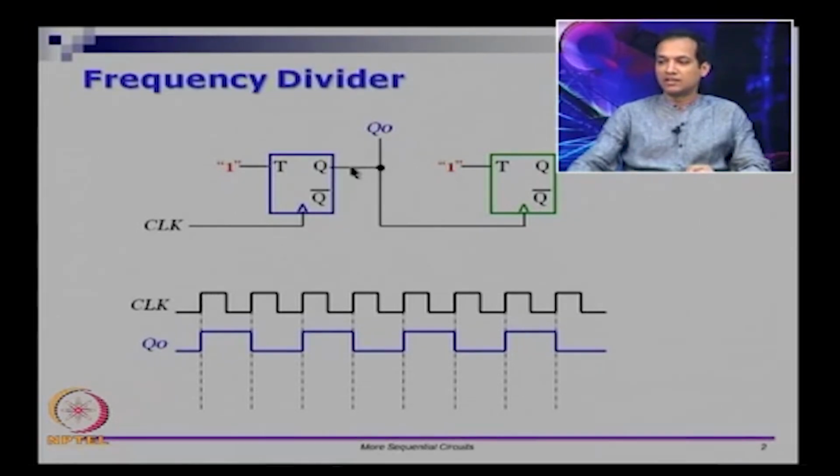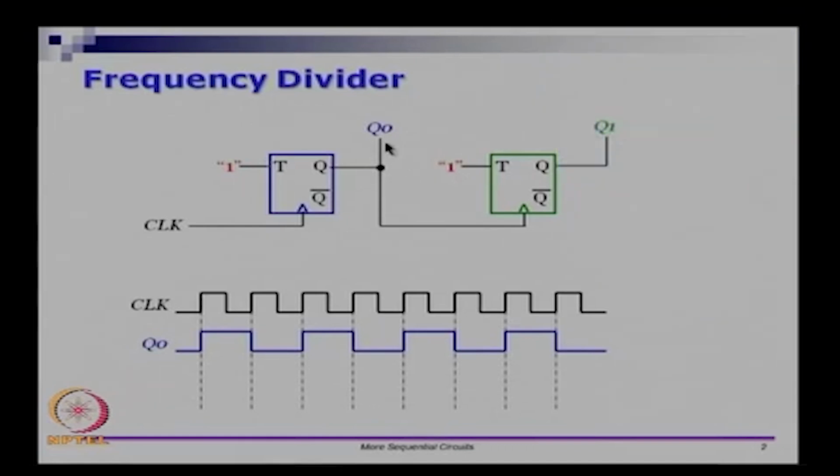You have Q0 which is switching at frequency f by 2, and if you connect it to this one, you can treat Q0 as the clock signal and Q1 as the data signal. In that case, if Q1 was at 1, then when Q0 goes from 0 to 1 it will toggle, and when it again goes from 0 to 1 it will toggle back, and so on.